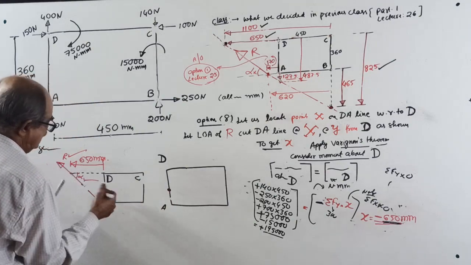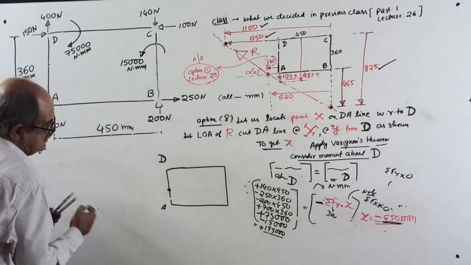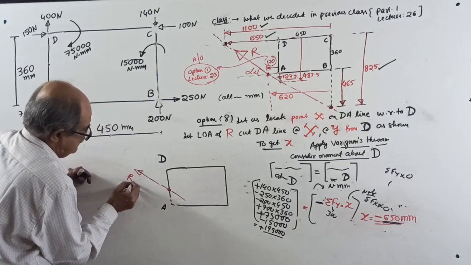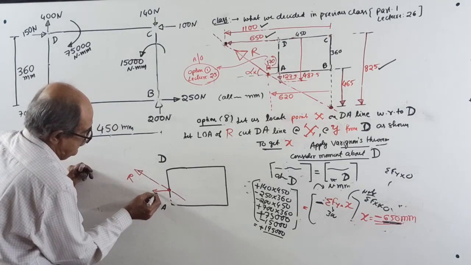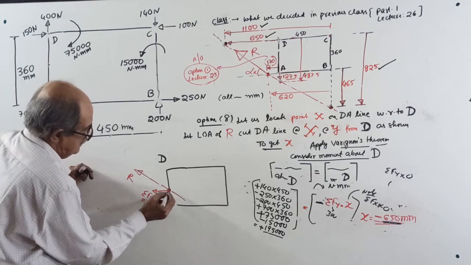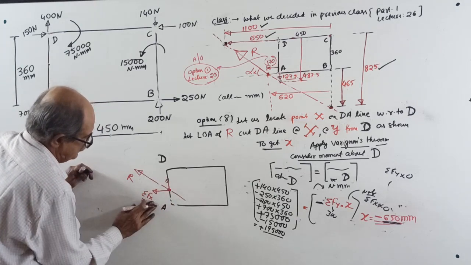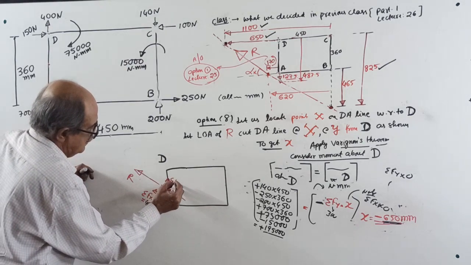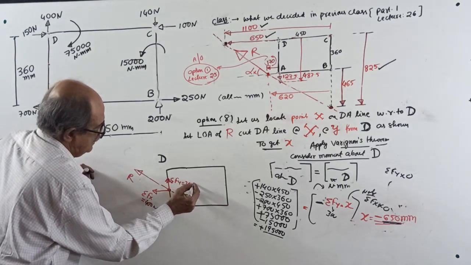This is the resultant. Now here enter sigma Fx equal to 400 Newton, and sigma Fy equal to 300 Newton.